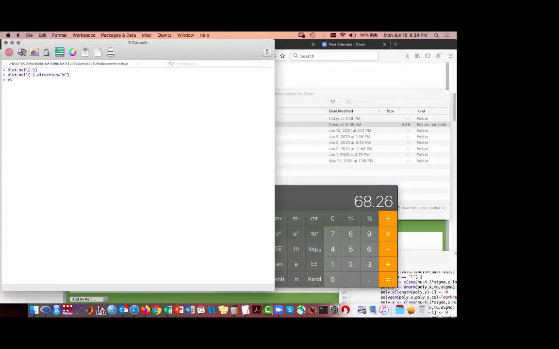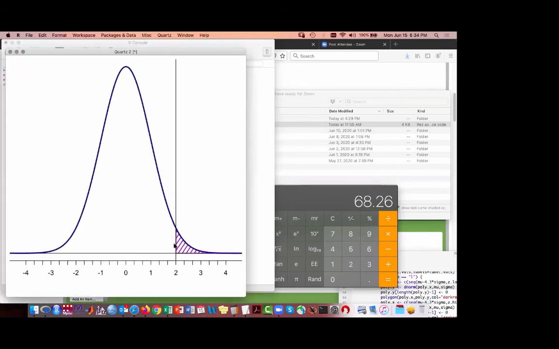Let's take a look at the graphical representation of this on the normal density curve. Here's what we just calculated. The shaded area here represents 2.28% of the total area under the curve. This would be 1 minus NORMSDIST of 2, because NORMSDIST would give the unshaded area to the left, and with the total area being 100%, or 1, we have our desired shaded area to the right.